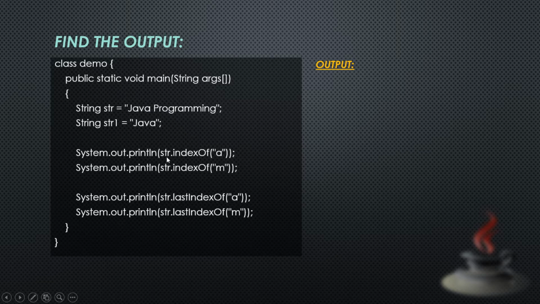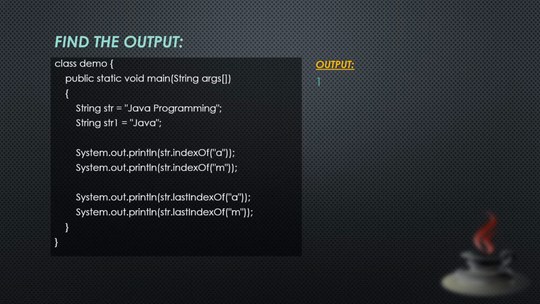In "Java programming", what is the index of a? J is index 0, a is index 1, so the output is 1.